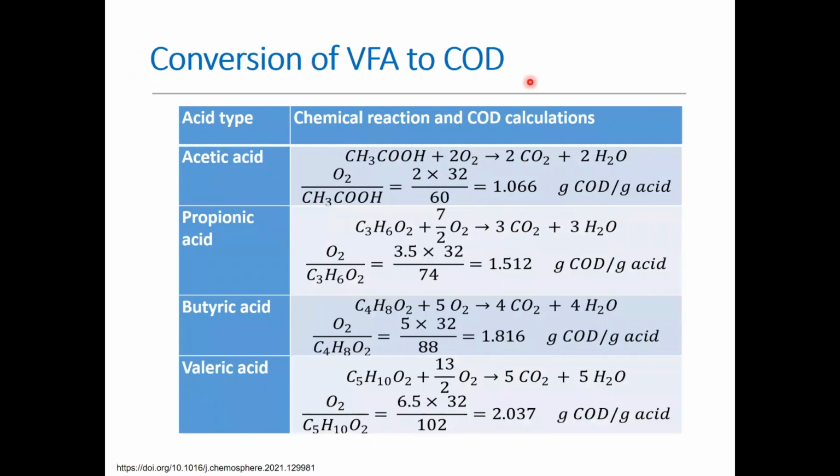In one of the videos, we converted organic matter to COD equivalent, and we know how to do that. Today I'm going to introduce the same concept to convert the VFA to COD, similar to what we discussed before. If we have acetic acid plus oxygen, it produces carbon dioxide and water.